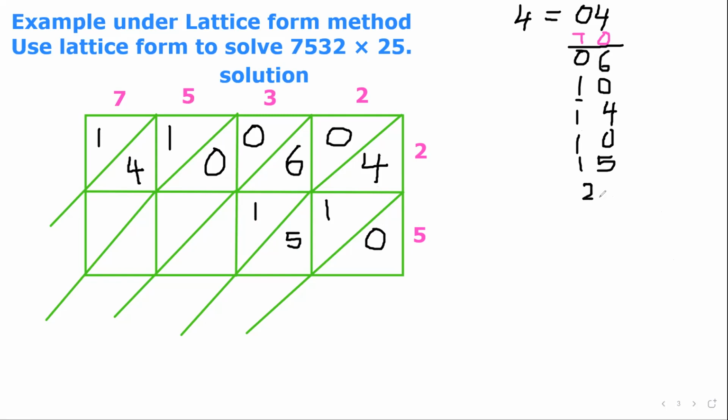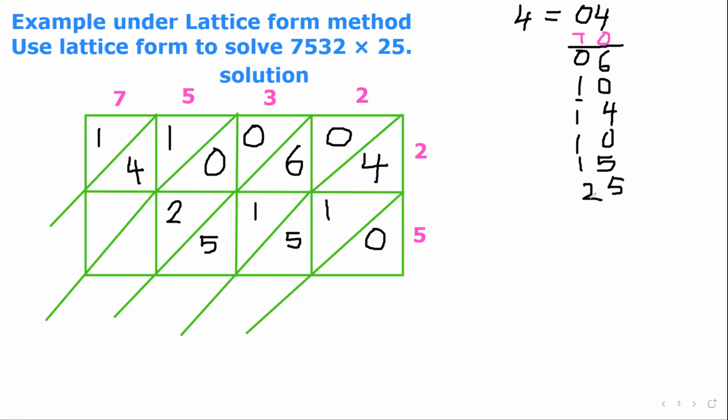For the 25, we have the 2 as tens and then the 5. Then let's go to the last box that has been divided into 2.